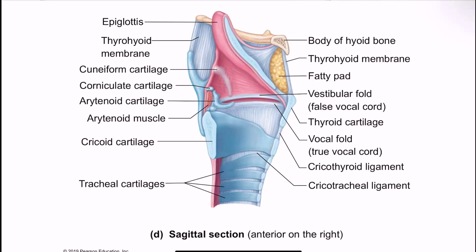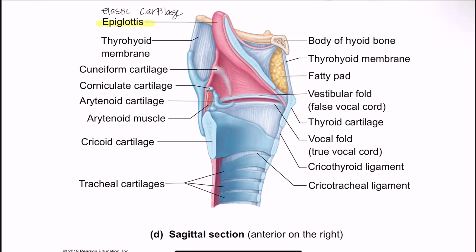So the epiglottis is made with elastic cartilage, and it's covered by mucosa, so that closes off all the things.